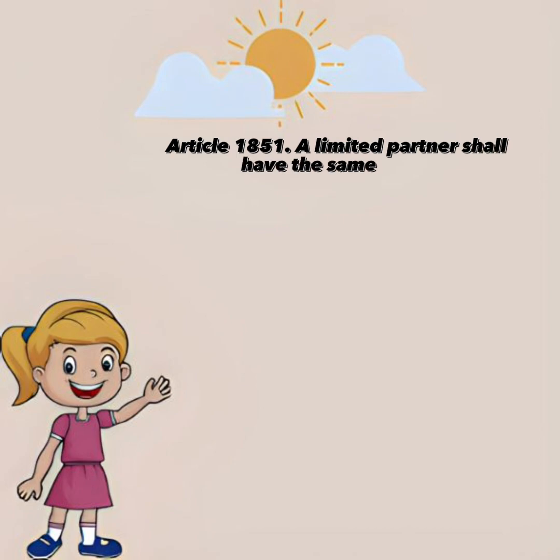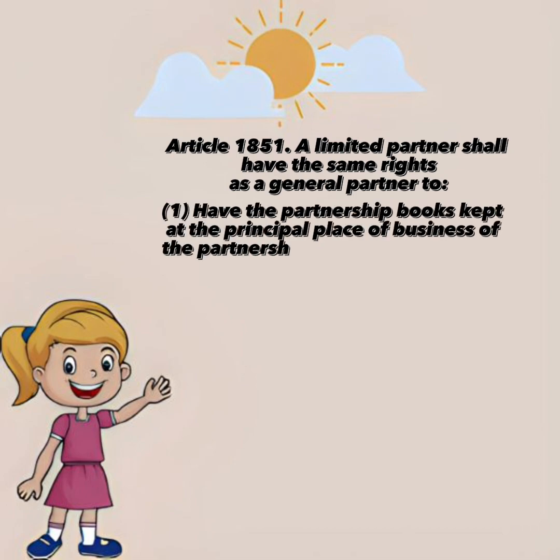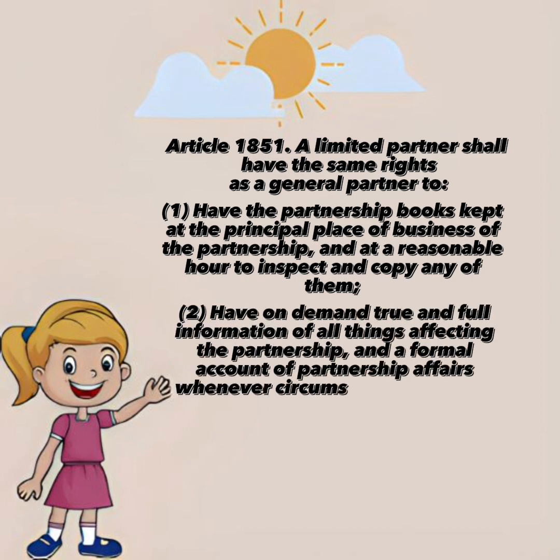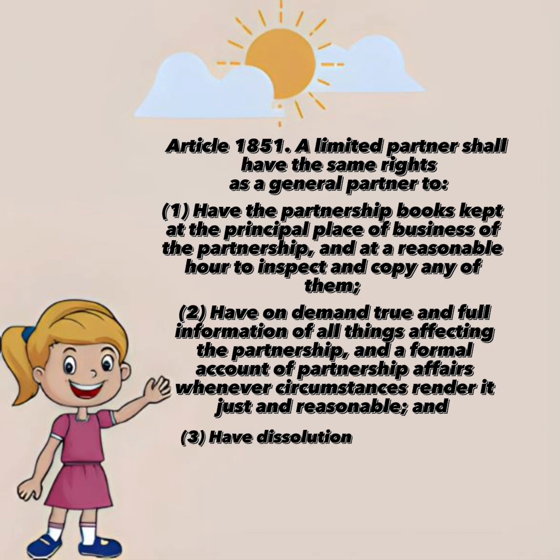Article 1851. A limited partner shall have the same rights as a general partner to: 1. Have the partnership books kept at the principal place of business of the partnership, and at a reasonable hour to inspect and copy any of them; 2. To have on demand true and full information of all things affecting the partnership, and a formal account of partnership affairs, whenever circumstances render it just and reasonable; and 3.